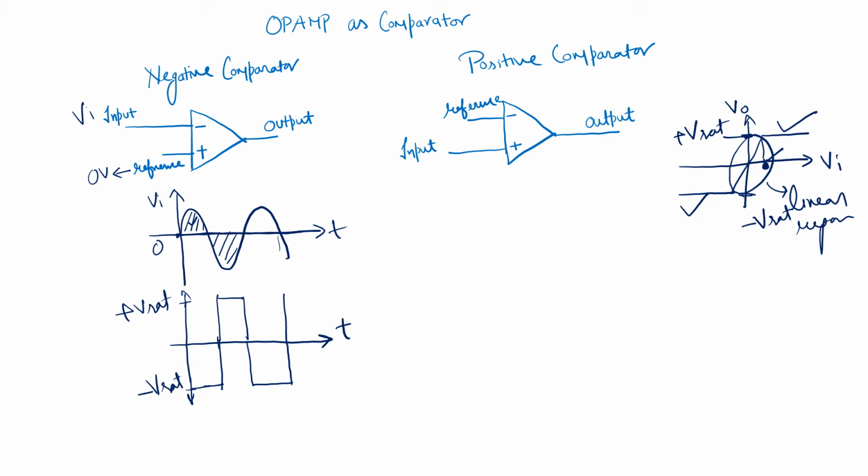So we'll get a square wave output for a negative comparator.